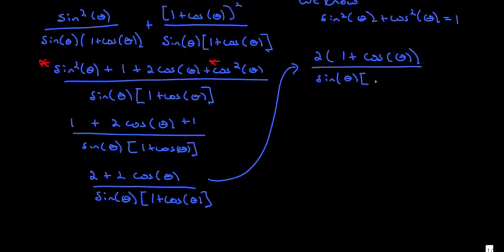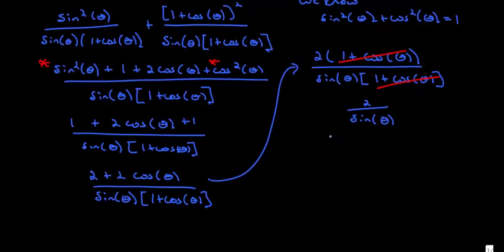When you work on these problems, you have to be a little bit creative. Sometimes you'll have seen a trick before, other times you won't. So you just do your best in trying to solve those. Now, I've got the 1 plus cosine, 1 plus cosine. These guys cancel out. I'm left with 2 over the sine of theta. And 1 over sine theta is cosecant.